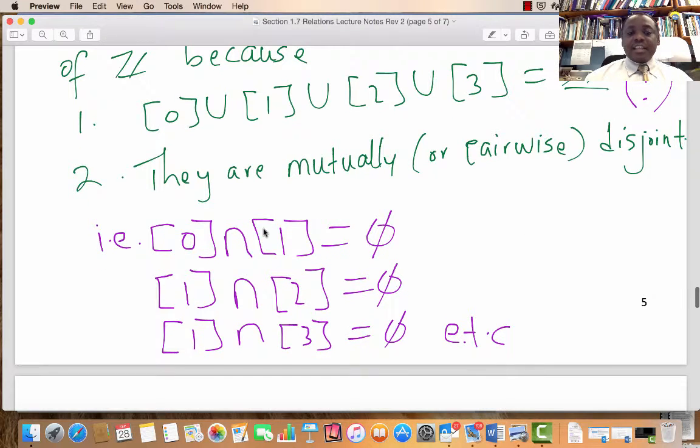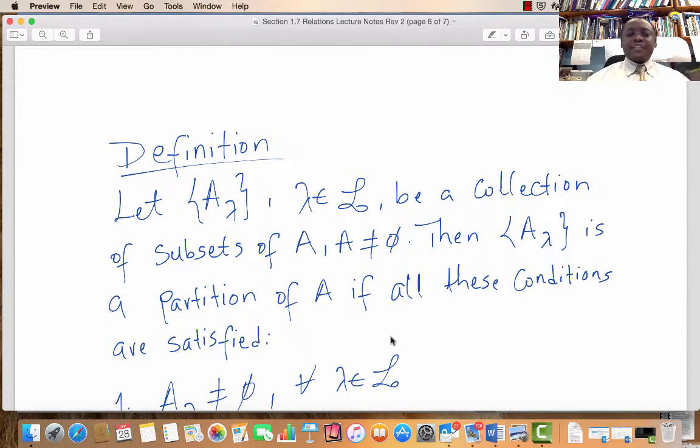That means the equivalence class of 0 intersection the equivalence class of 1 is an empty set. The equivalence class of 1 intersection the equivalence class of 2 is an empty set. The equivalence class of 1 intersection the equivalence class of 3 is an empty set, and so on and so forth. Let us go ahead and define partition in general.